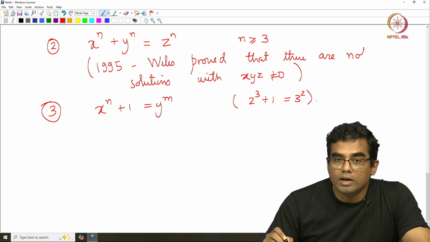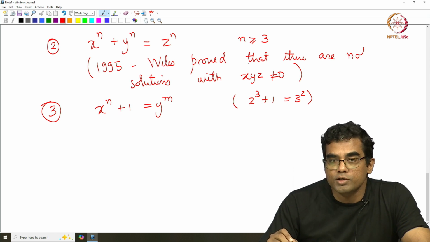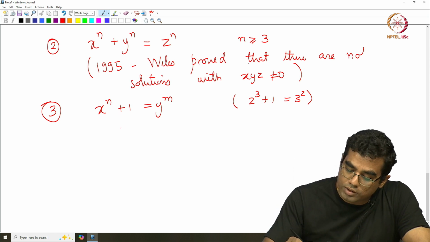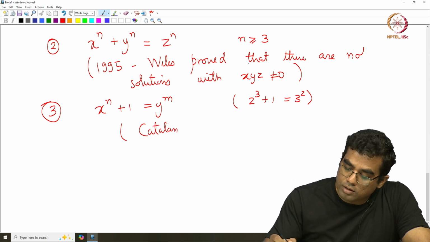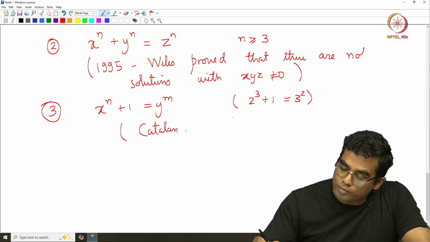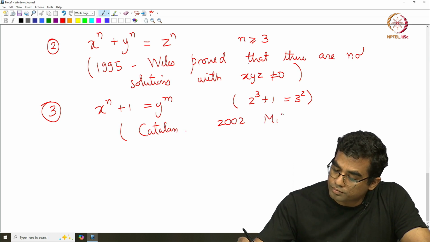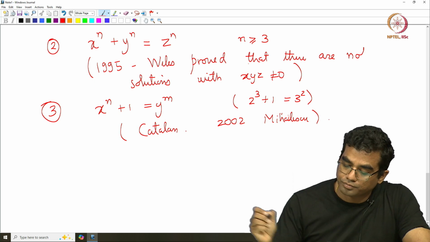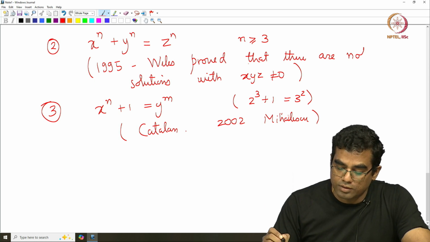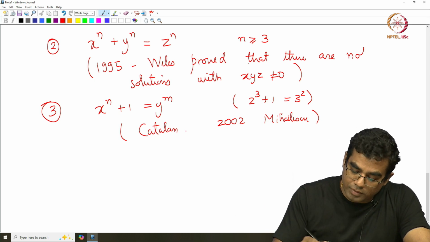Okay. And at least if you want x, y to be positive, then you can show that there is no other solution. So, this was conjectured by Catalan and proved by Mihailescu in around 2002. So, this is the famous Catalan's conjecture.